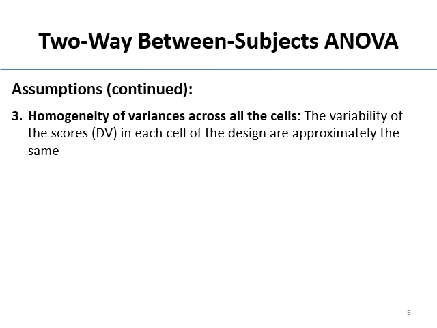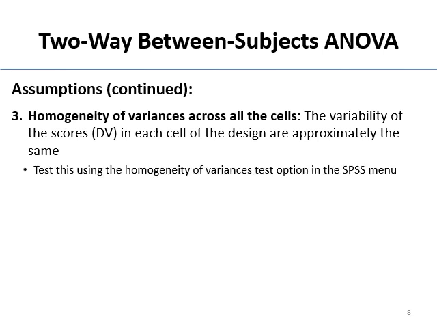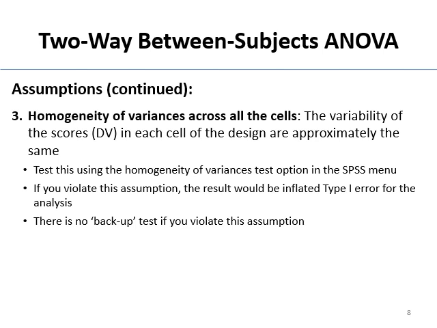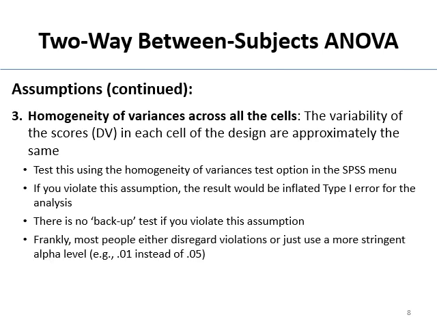So males who are bullied, females who are bullied, males who are not bullied, females who are not bullied, all those have about the same variance or spread. I just tell you how you test it. There is no backup test. It's not robust to violations like usual, so your only hope is to use a tighter alpha level. So maybe use 0.01 instead of 0.05, okay?